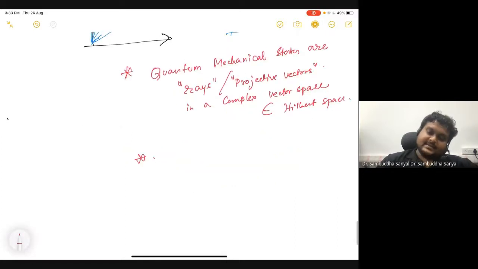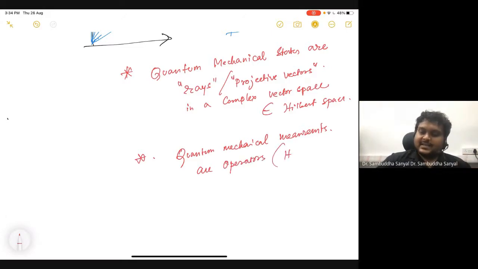Second statement is quantum mechanical measurements are operators. We will also illustrate it more, but they are Hermitian operators in this Hilbert space.